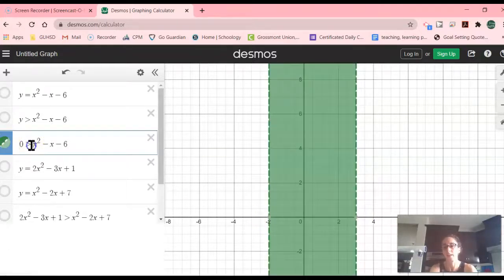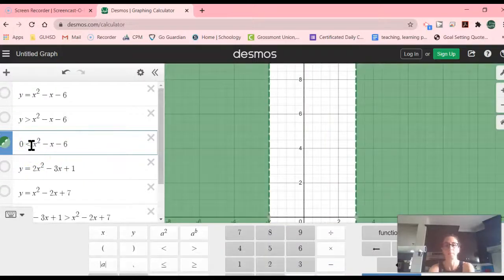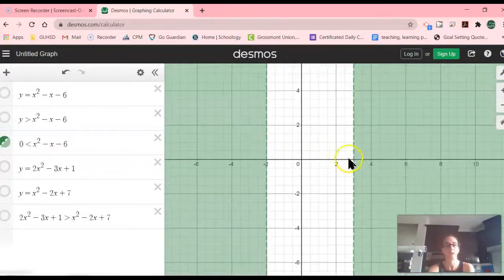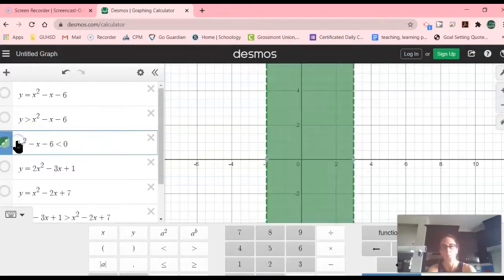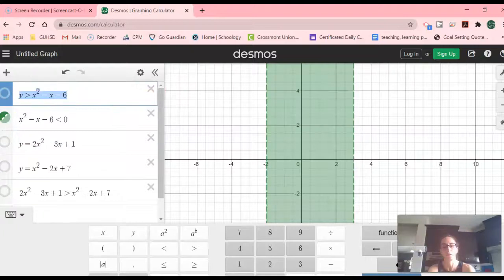So what if it said, instead of greater than, it said less than? Then it would be x is greater than 3, x is less than -2. What if I said this? Let's take off this, and maybe I'll just leave it blank right now.